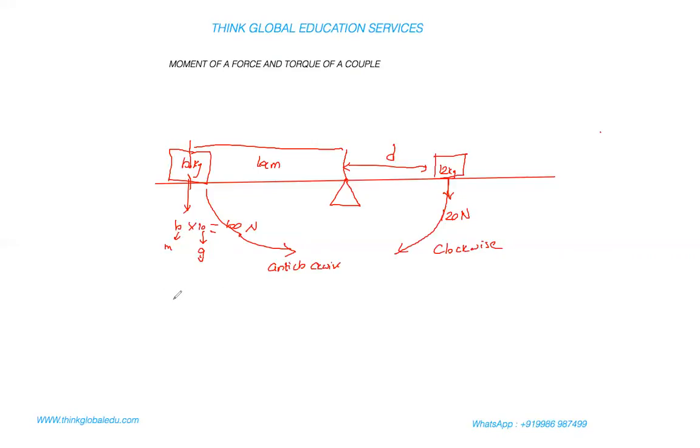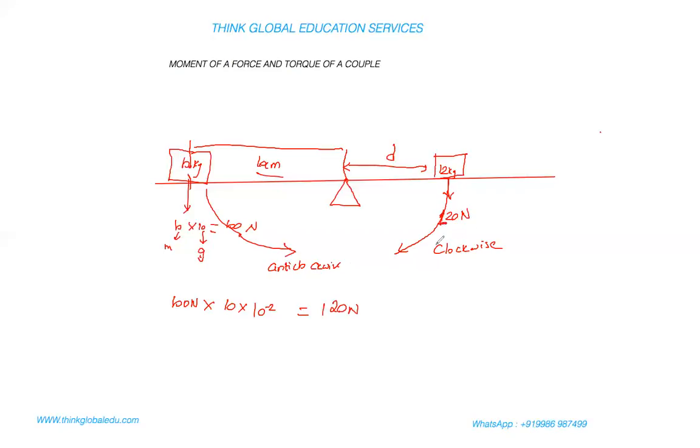So now equate that 100 newtons multiplied by the distance, which is 10 centimeters. So I have to convert it into meters. So 10 multiplied by 10 to the power minus 2 meters, which should be equal to 120 newtons.